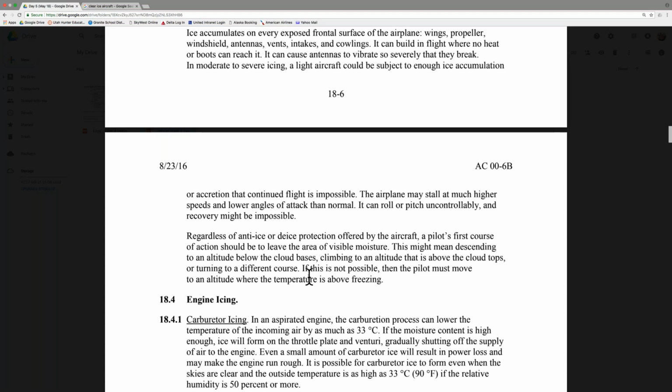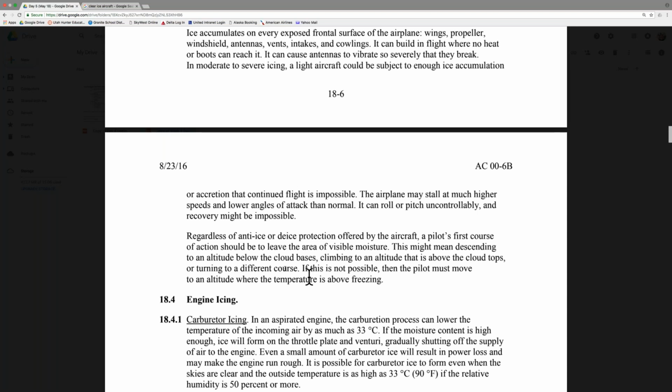It wasn't in JFK. It was Dulles, so in Washington D.C. Ended up crashing the airplane into the Potomac. But yeah, icing's bad stuff.